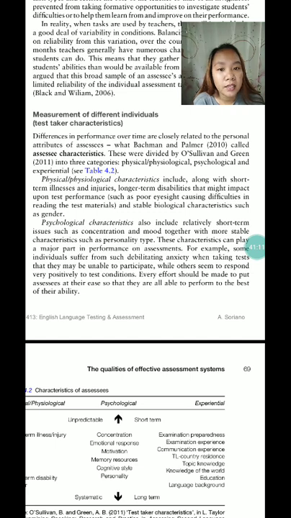Physical characteristics include, along with short-term illnesses and injuries, longer-term disabilities that might impact upon test performance, such as poor eyesight causing difficulty in reading the test materials, and stable biological characteristics such as gender. Psychological characteristics also include relatively short-term issues such as concentration and mood, together with more stable characteristics such as personality type.